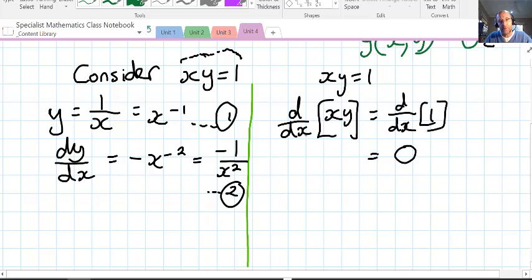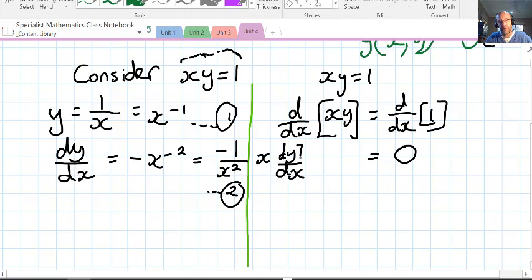So what we need to do now is apply the product rule, and you can see that the two parts of the product are x and y. Now if we use the product rule pattern, we would have the first part of the product, x, times the derivative of the second. So the derivative of the second is the derivative of y with respect to x.